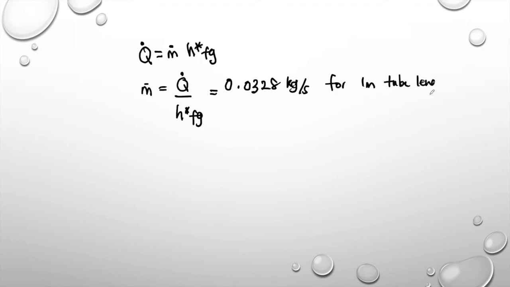Rearranging the equation, we get that m dot is Q dot over HFG. Substituting all the values, you will get the value for the m dot is 0.0328 kilogram per second for 1 meter tube length. Okay, you have already answered the second question for the rate of condensation. So thank you.